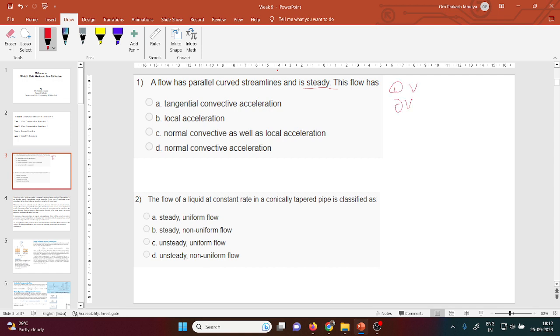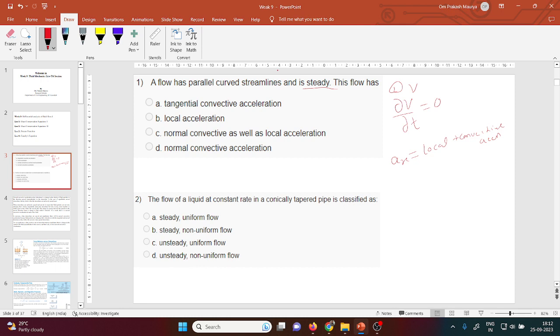The change in velocity with respect to time is equal to 0 in case of steady flow. And you all know the acceleration, let's say in the x direction, what will be the local acceleration as well as convective acceleration.